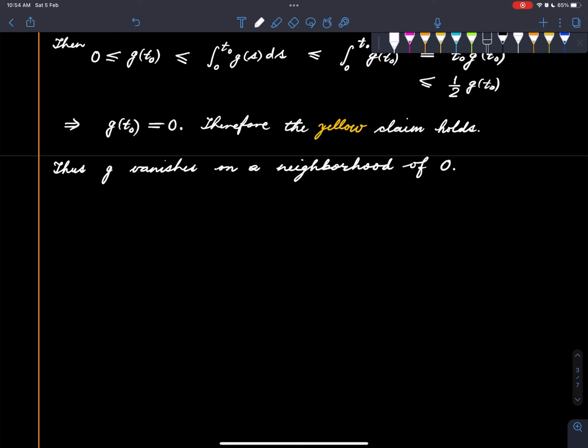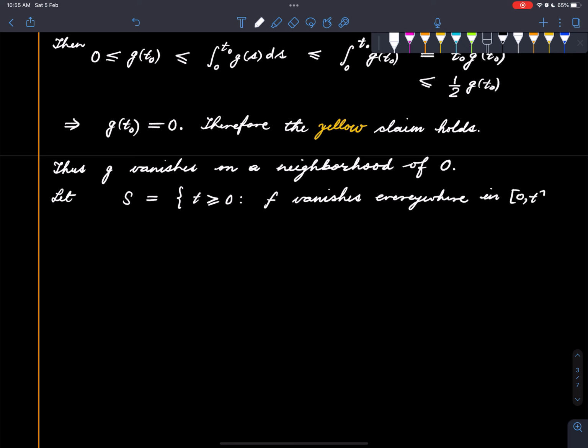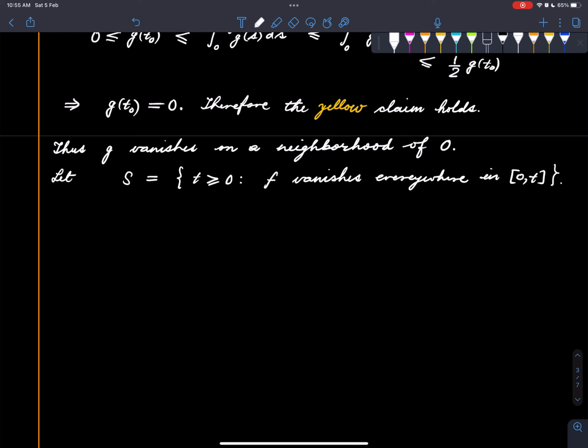So this is how one can do it. Let S be this set of T which is positive, such that g or f vanishes everywhere in 0 to T. As we just saw, S has positive numbers.